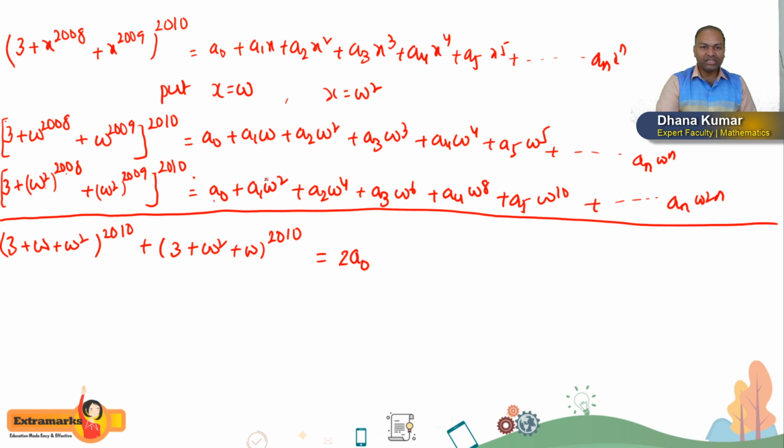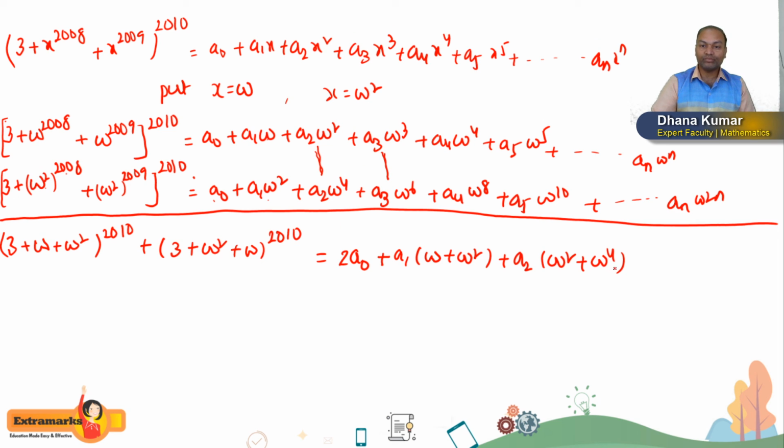Next add these two, in these two common term a1, so plus a1, remaining is omega plus omega square, and in these two common term is a2, a2 common, remaining omega square plus omega power 4. Fine.